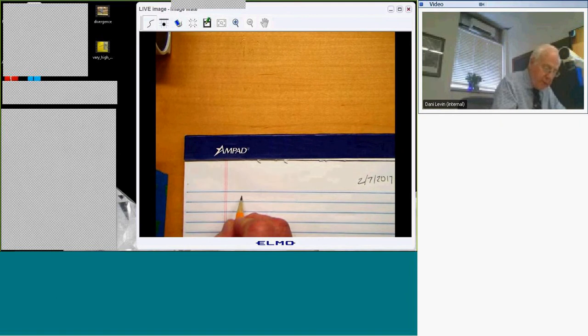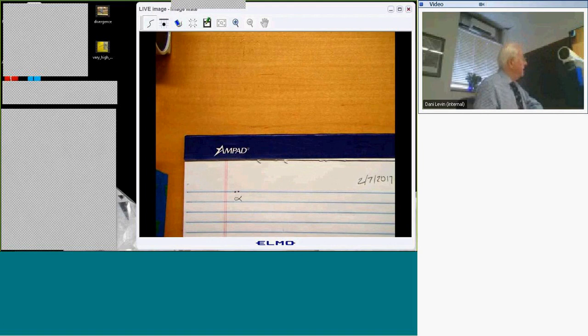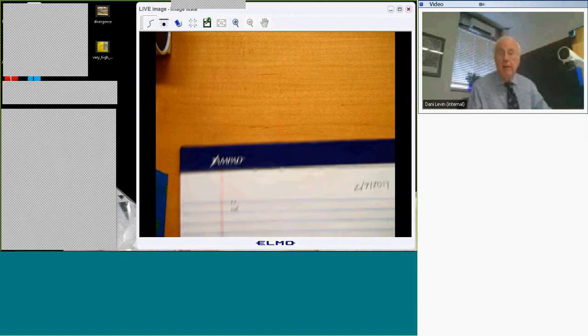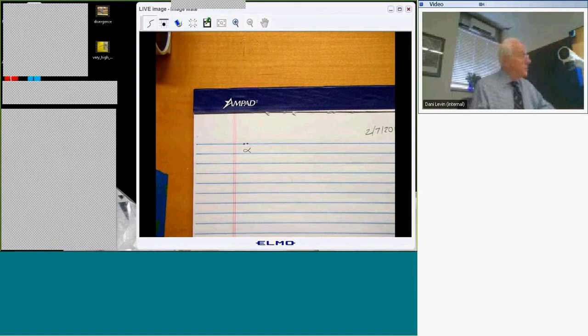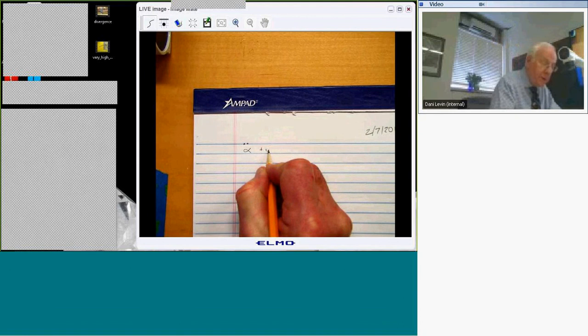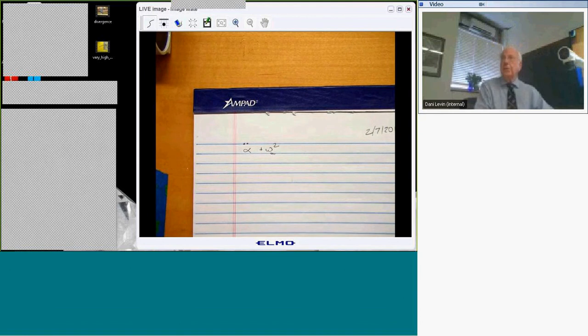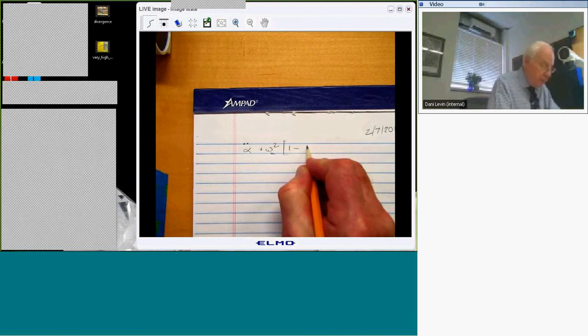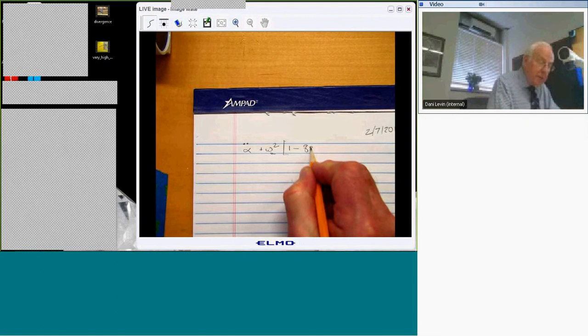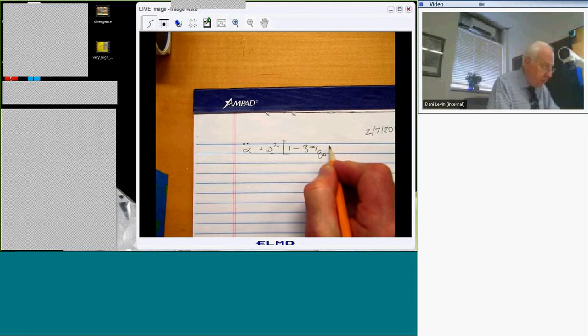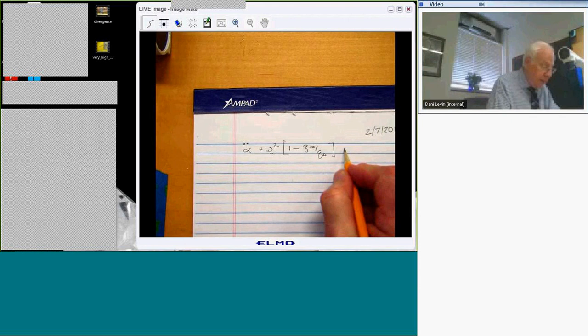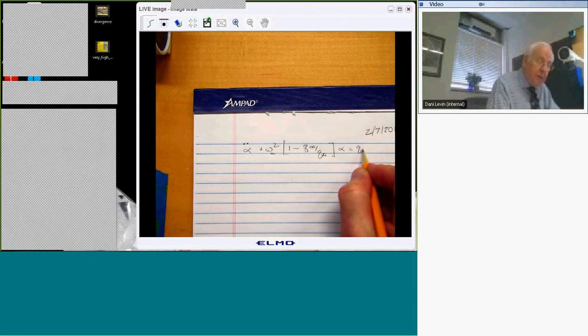Alpha double dot, and this is written in non-dimensional form, plus omega alpha squared, times 1 minus Q over Q divergence, the dynamic pressure over the divergence dynamic pressure, times alpha, equals Q over Q divergence times omega alpha squared alpha naught.